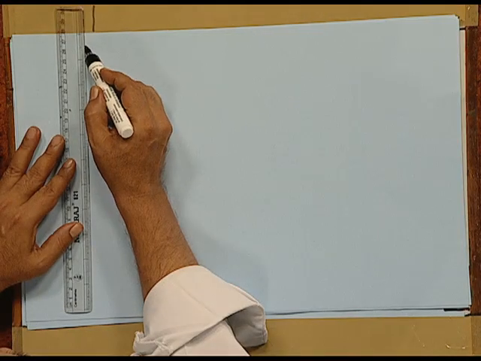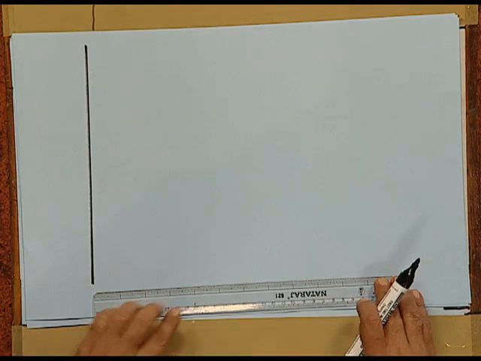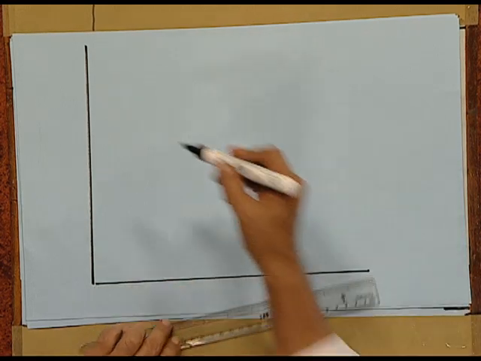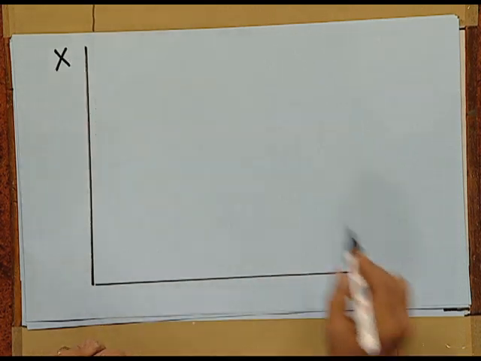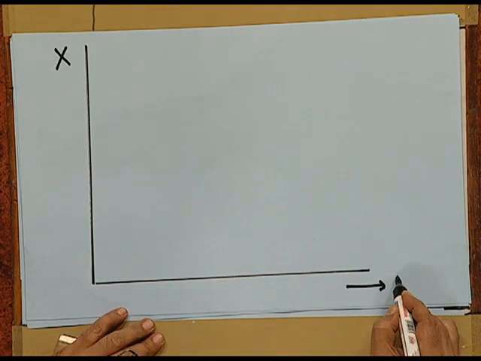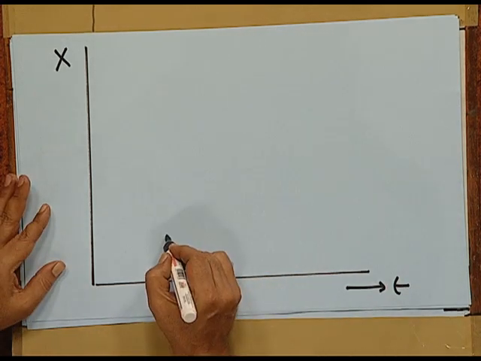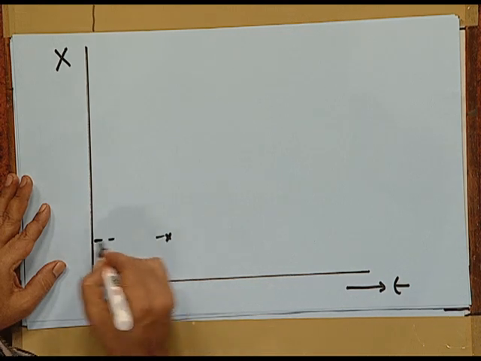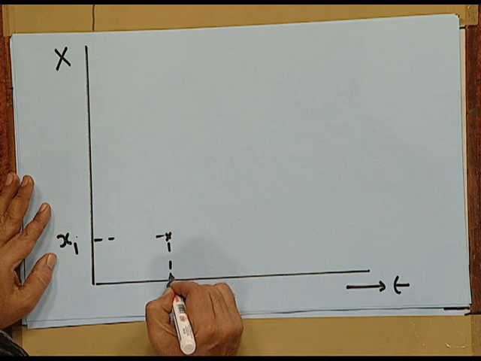Let us represent the motion of this object as how position varies with time, position being indicated here. This is x position versus time graph. Now, here we represent its position at point P as its coordinate x1 here, time t1 here.